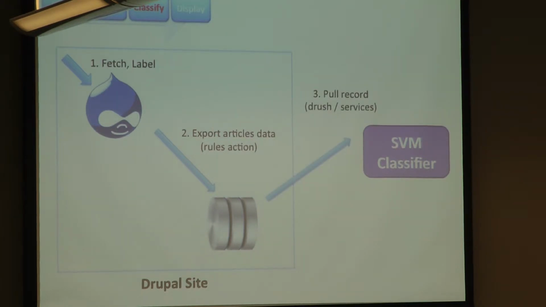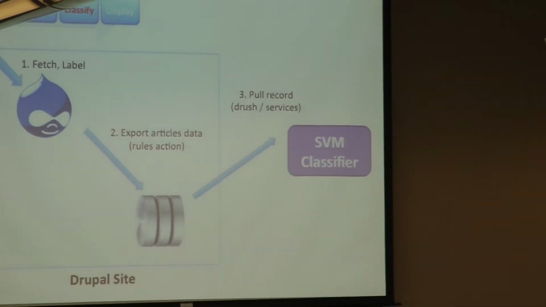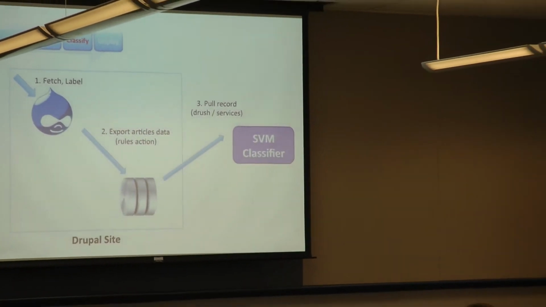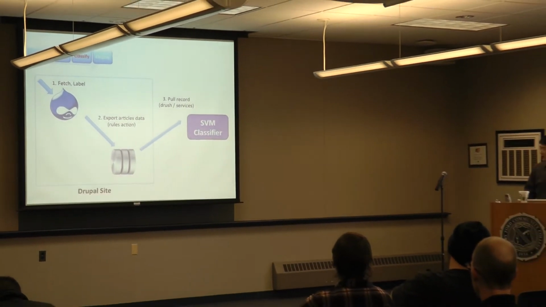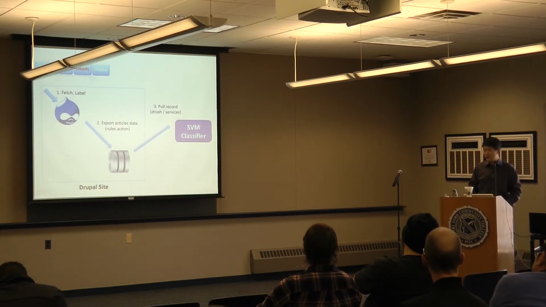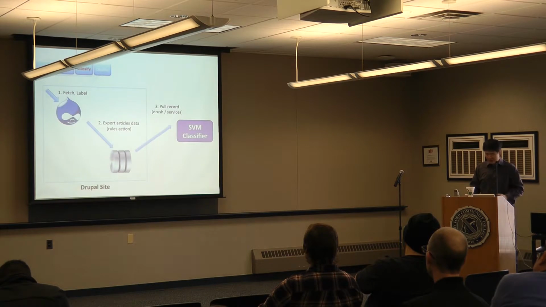Then the SVM classifier periodically pulls new records from Drupal through either the Drush interface or the services interface. In our system, we used Drush, but services was another option. The endpoint for services was already written for computing record, so you don't have to write new services endpoints. It kind of simplifies this work.